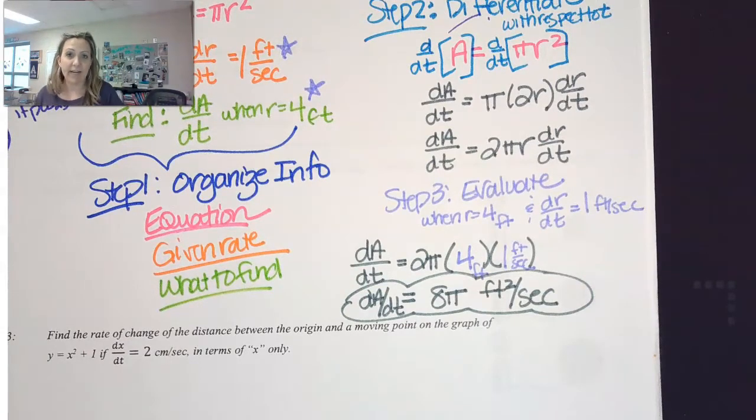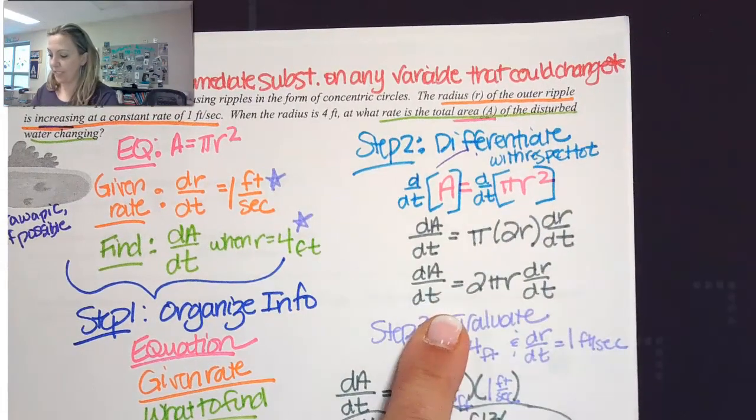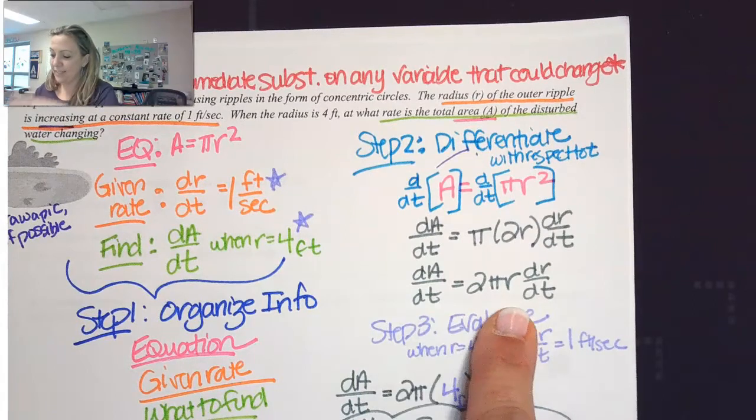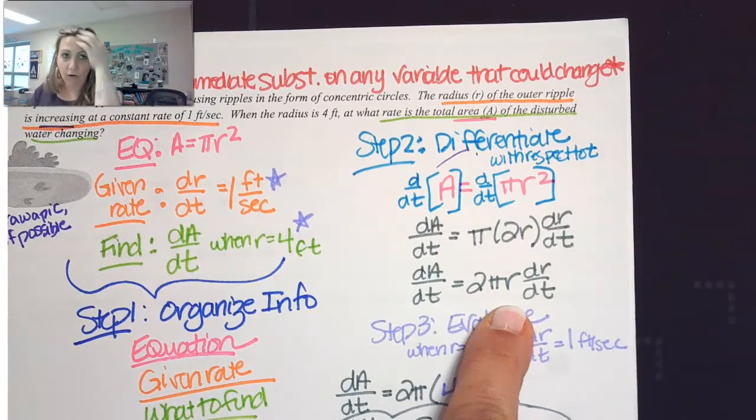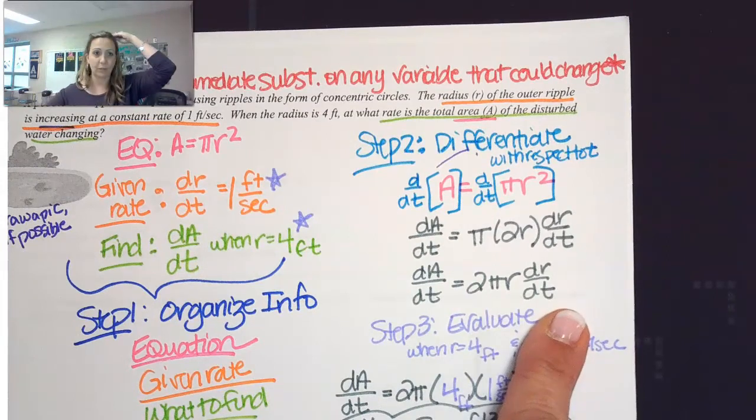Cool, right? And of course you could do this with other information as well. So this is like a general rule for the rate at which the area is changing. But notice that it's going to vary dependent on what r is and what your rate of change of r is as well.